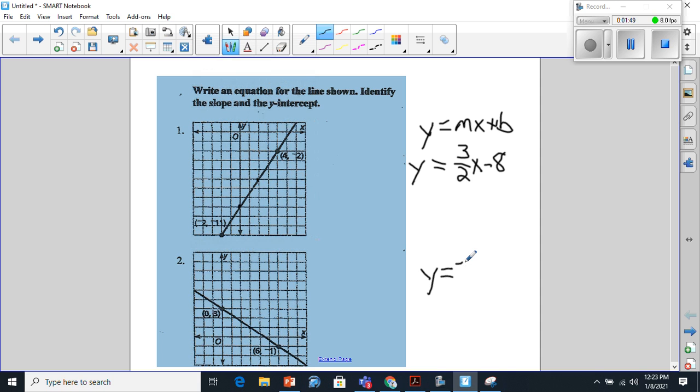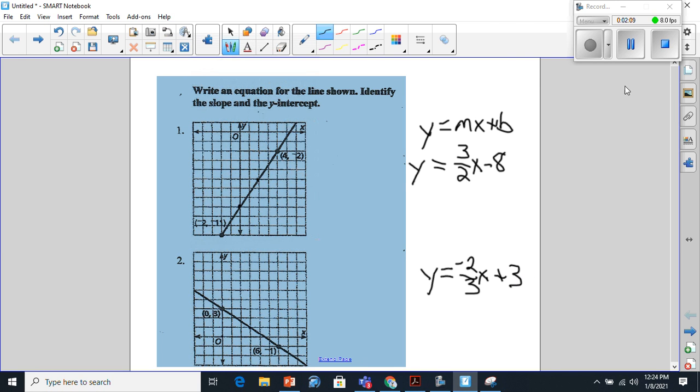That's going to be 2 over 3. And now I have to see where it crosses my y. Since my 0 axis is here, 1, 2, 3, up from there would be a positive 3.